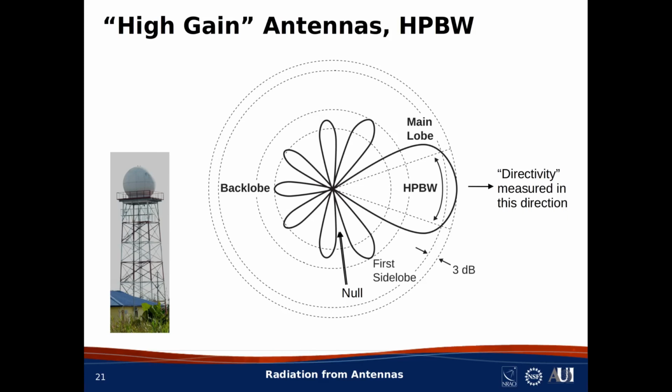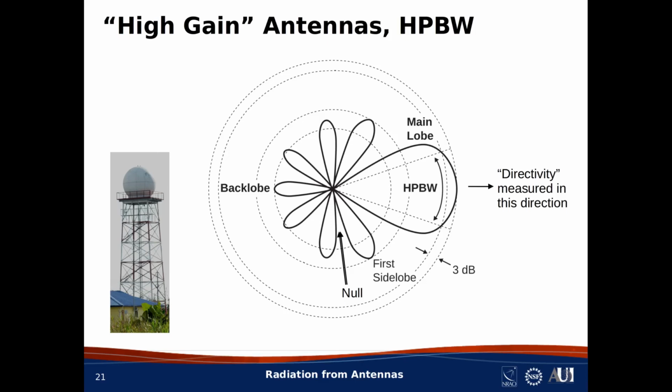Because directivity is high, the main lobe is narrow. So, it becomes useful to quantify the width of the main lobe. The usual way to do this is using the metric of half power beam width, abbreviated HPBW. HPBW is usually defined to be the angle shown here, between the points at which the directivity is 3 dB less than the maximum directivity.